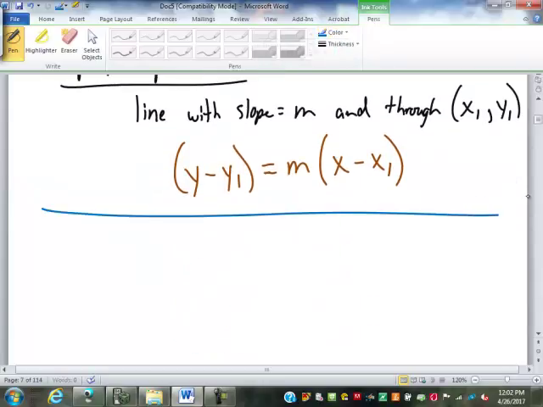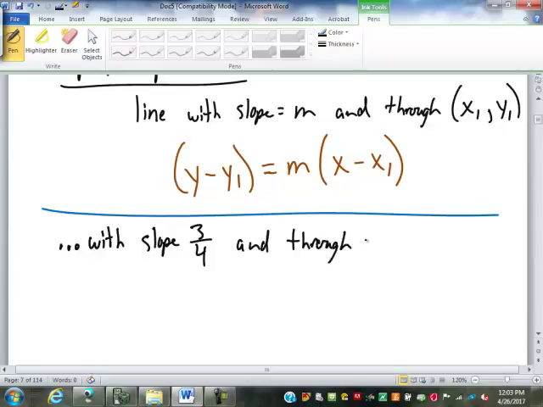So if I am asking you, find the equation of a line with slope of 3/4 and through the point, make this simple on ourselves here, through the point 8, 1.